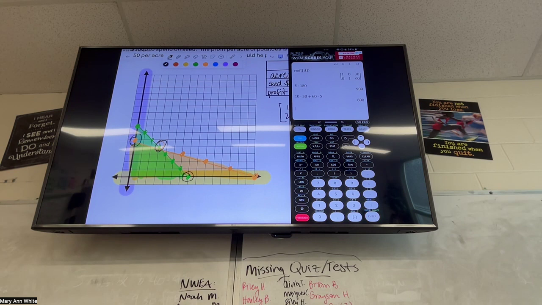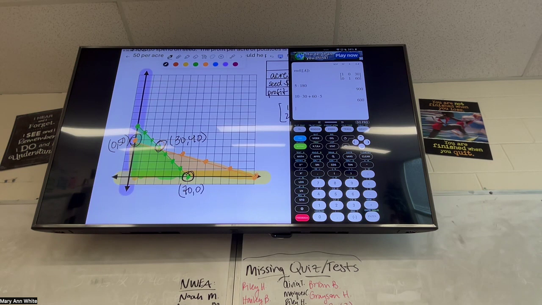Find where the green and the orange overlap. Yep, either maximum profit, so highest, or lowest cost. Always about maximizing or minimizing.